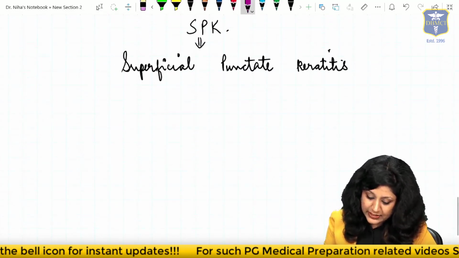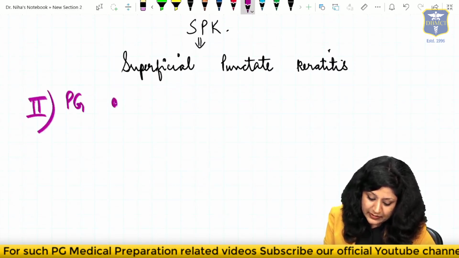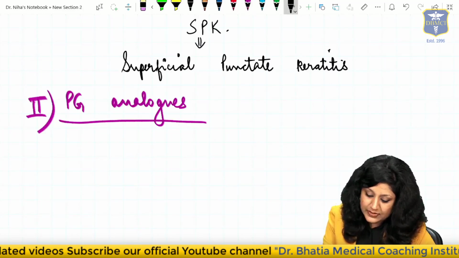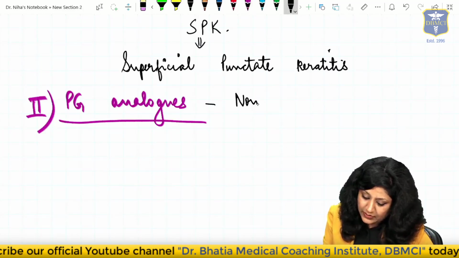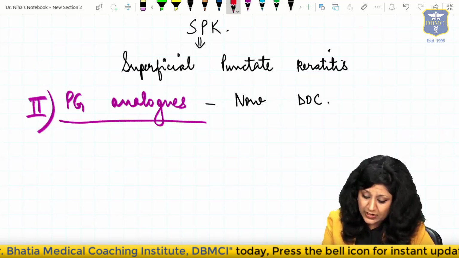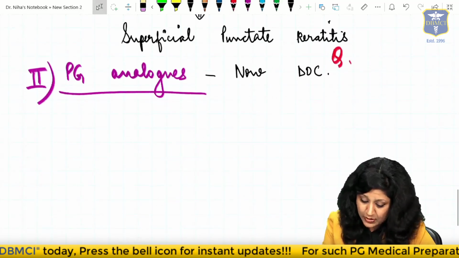Now coming to the second set of drugs. The second set of drugs is the prostaglandin analogues, which are presently the drug of choice. So again an important thing, the drug of choice is the prostaglandin analog.